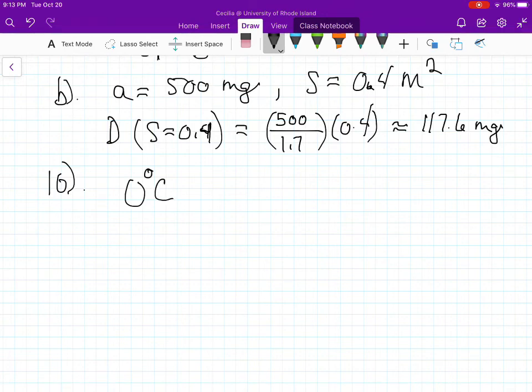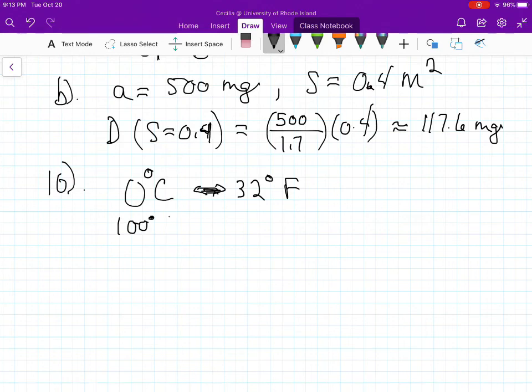One is in Celsius, 0 degrees Celsius, and the other one is 32 degrees Fahrenheit. So you may already know this, that water freezes at 32 degrees Fahrenheit, or it can also be referred to as 0 degrees Celsius. So these two are points that help us identify that relationship.